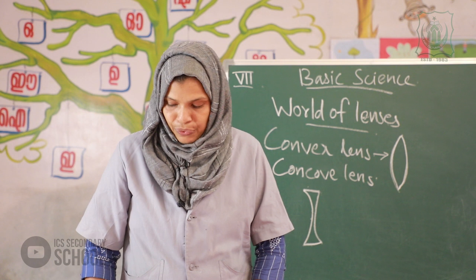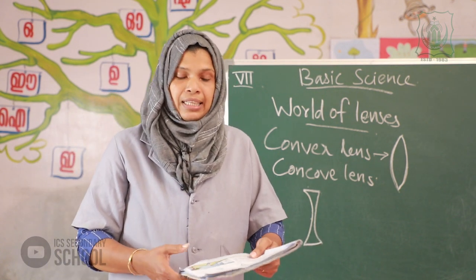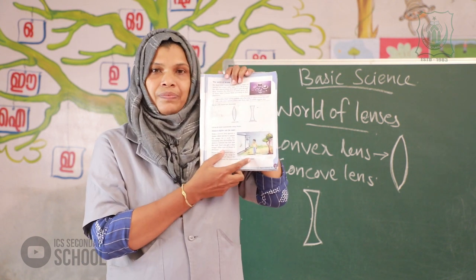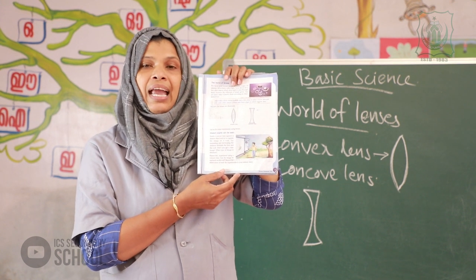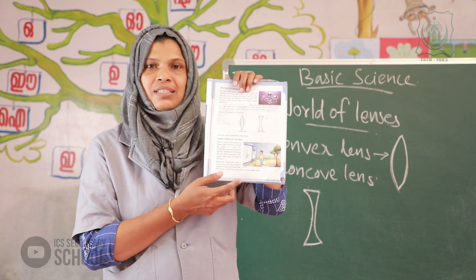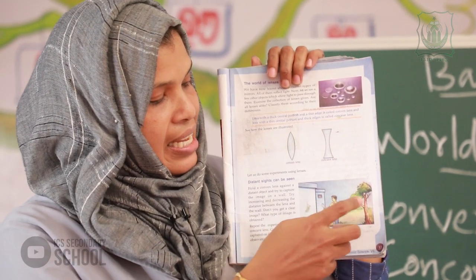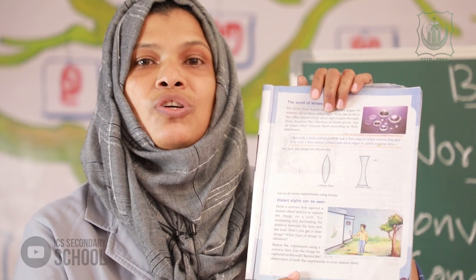Next, an activity for you. Look at the textbook, page number 33. Observe the picture. Hold a convex lens against a distant object and capture the image on the wall.